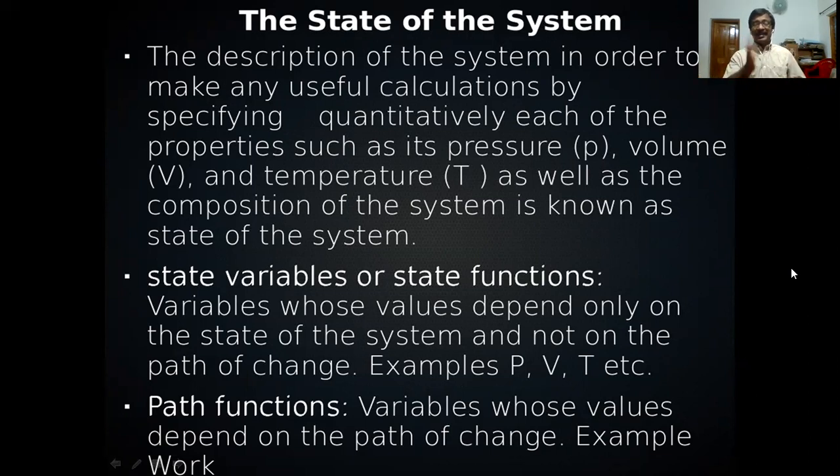That is state functions or state variables that depend only on the initial state and final state, whatever may be the path followed. The state functions are independent of the path.